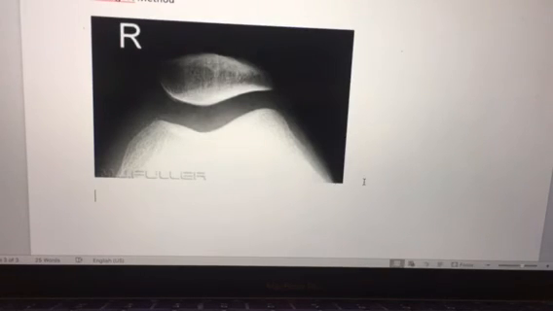You would want to see the patella in profile, the femoral condyles and intercondylar sulcus, and open patellofemoral articulation. And that is all for my knee trauma series.